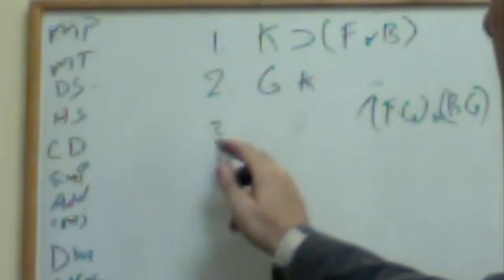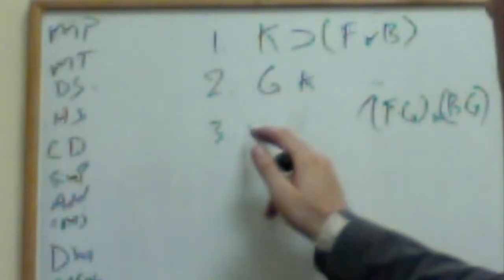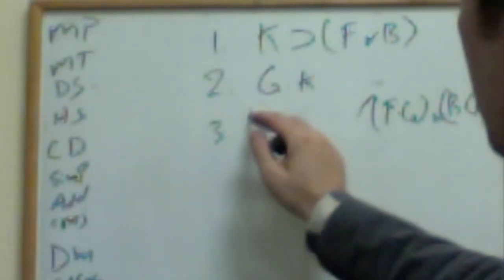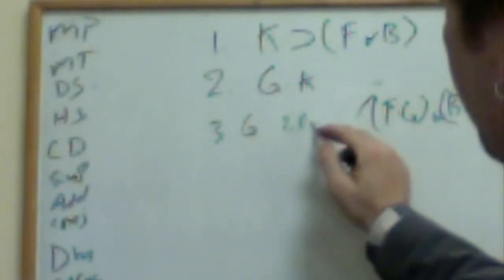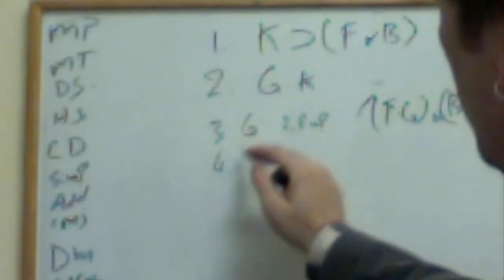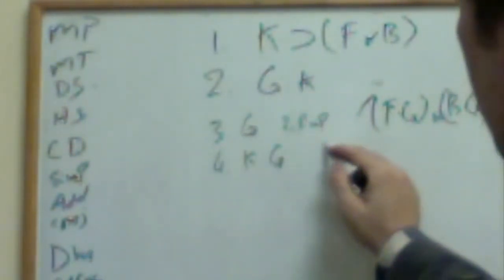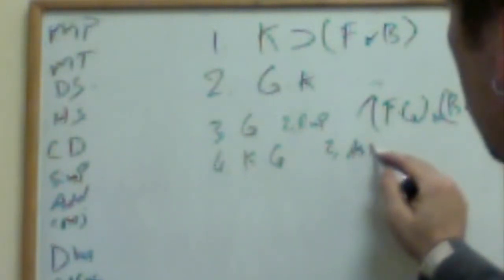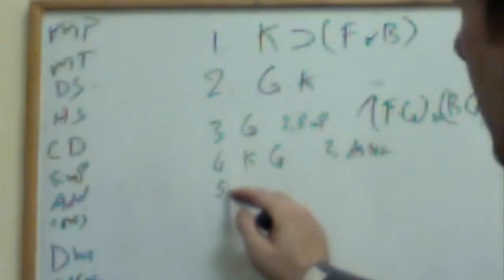So we write line 3 here, and what we want to do is get K, and then that will give us this. But we're also going to want to get G. So we may as well use our simplification and simply get G on this line because we're going to use it later. So we write line 4, and we want to reverse these. We did line 2 using commutativity, so we can also get K on a line by itself.